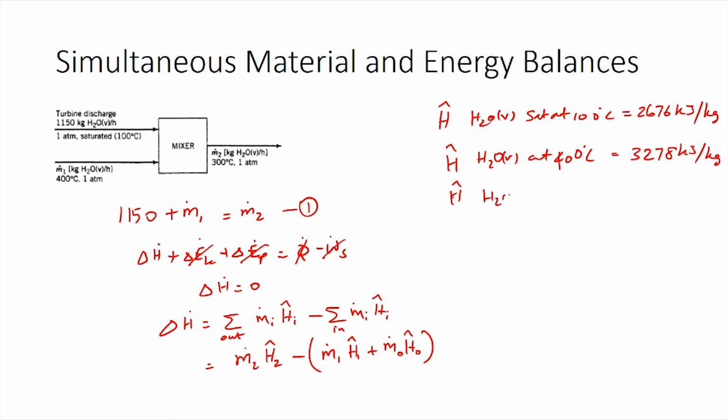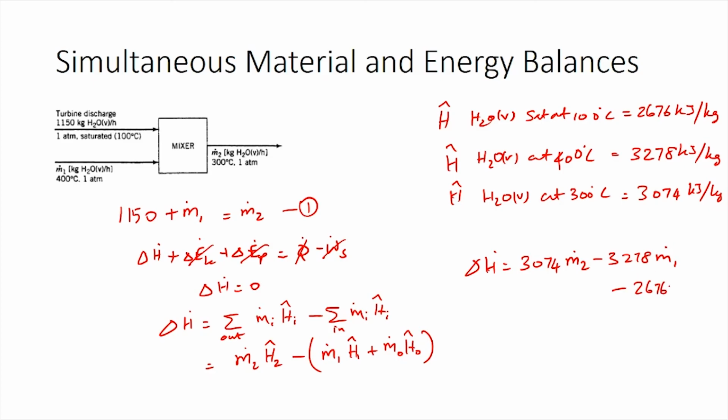The specific enthalpy of water vapor which is superheated at 300 degrees Celsius is 3074 kilojoules per kilogram. So, substituting these values here, we get delta H dot equals 3074 times m2 dot minus 3278 m1 dot minus 2676 times 1150.